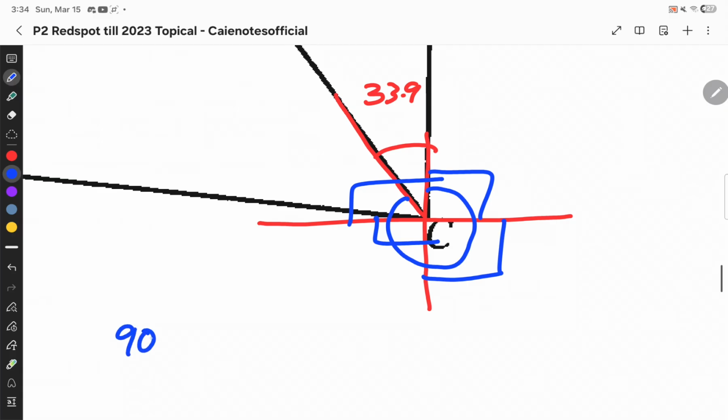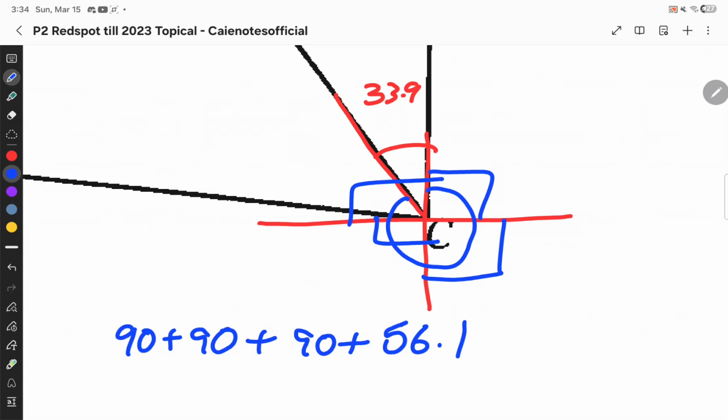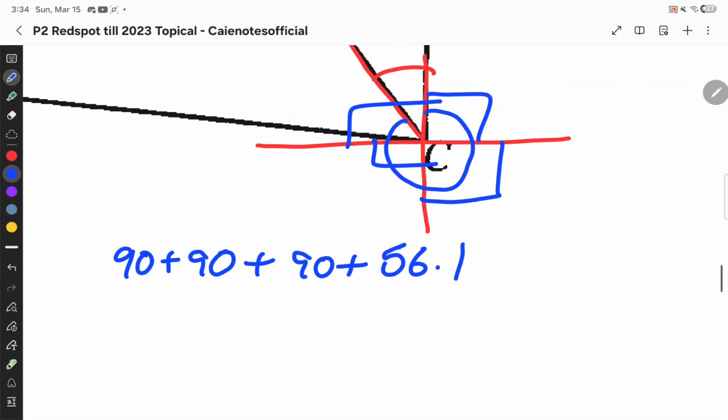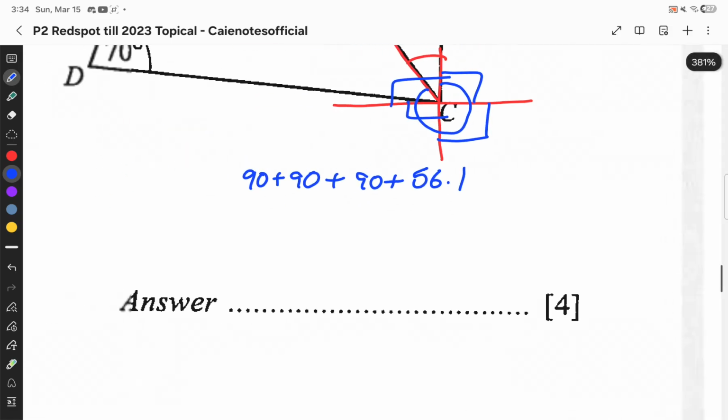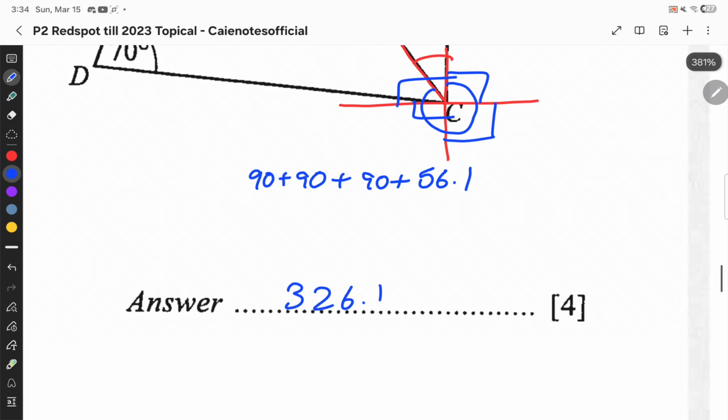So this is 90 minus 33.9, which is 56.1. Then 90 plus 90 plus 90 plus 56.1 gives us 326.1.